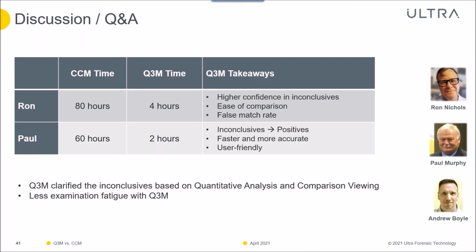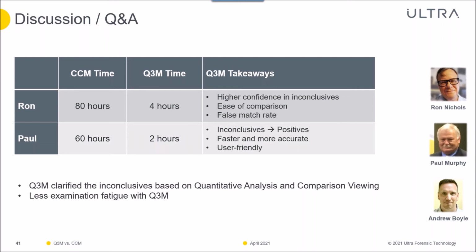All right. And Paul, do you have concerns that the quantitative analysis pointing you to an alignment between two bullets and also even the FMR index, do you think that that could be introducing bias into your comparisons?